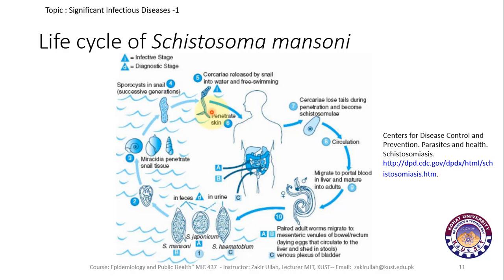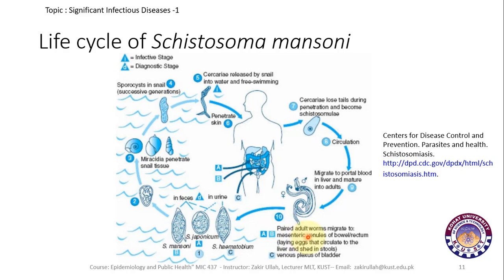When the schistosomes develop in the snails, they form cercariae, which are released by the snail into the water and are free swimming. So when these cercariae infect humans, they lose their tails during penetration and become schistosomula. Then they go to the circulation and migrate to the portal blood in the liver and mature into adult schistosomes.